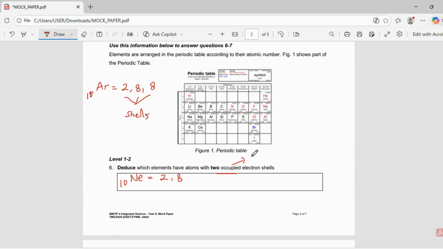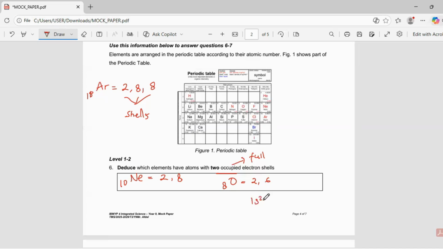Two occupied here can be interpreted as two fully occupied, meaning you will not consider oxygen. Oxygen is 8, right? So the configuration will be 2, 6. Even though they occupy two electron shells, it is not fully occupied because there are two spaces left for oxygen. How do you know there are two spaces left?